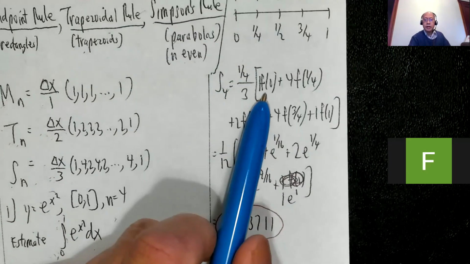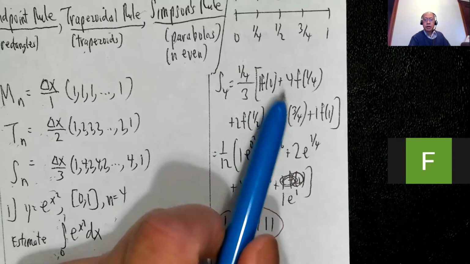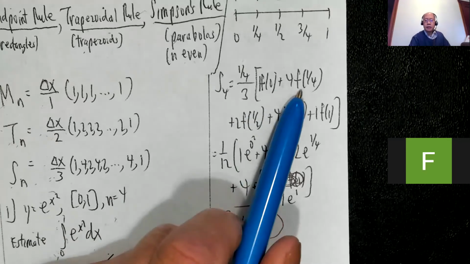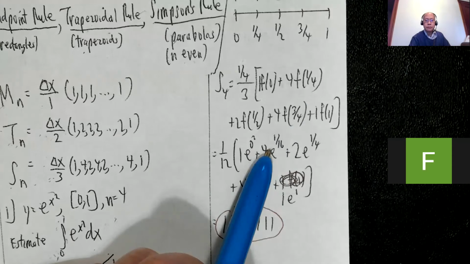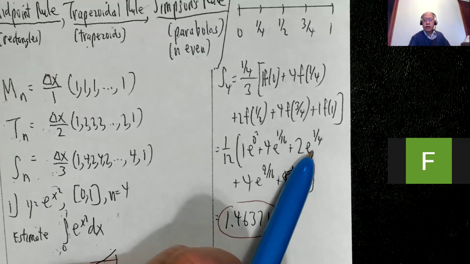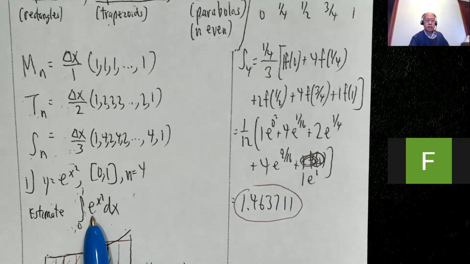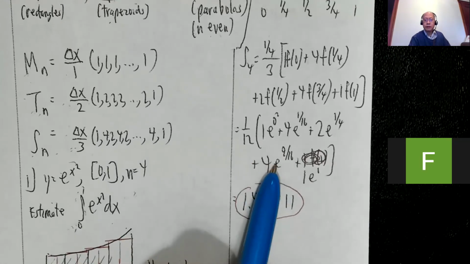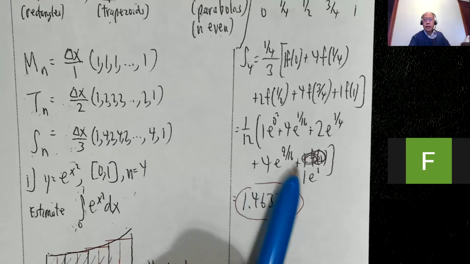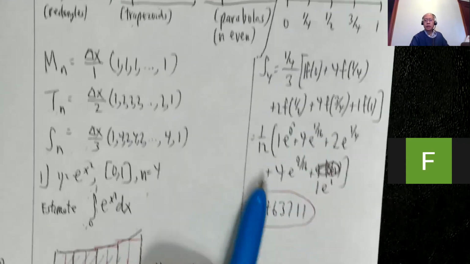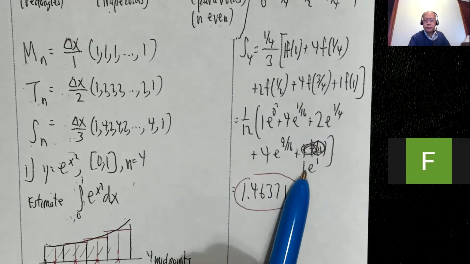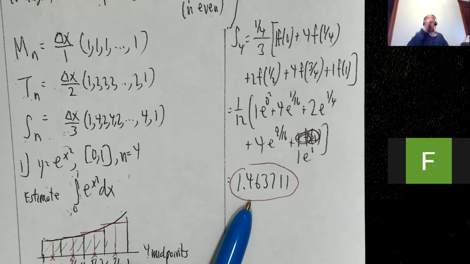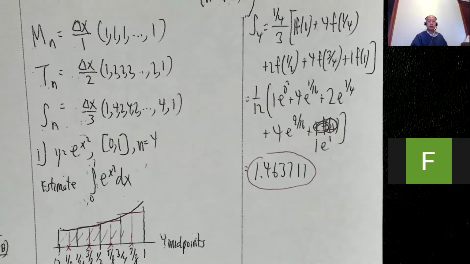So it goes 1 e to the 0 squared plus 4 e to the 1/4 squared plus 2 e to the 1/2 squared, the function being e to the x squared, plus 4 e to the 3/4 squared. And once I reach the end, the coefficient is 1, 1 e to the 1. Punch into your calculator, 1.463711. Okay, they're all pretty close.